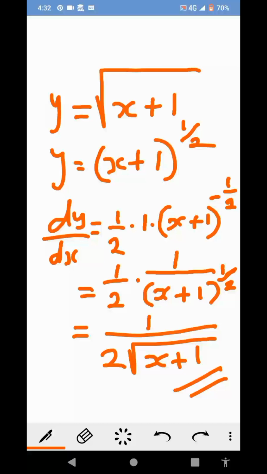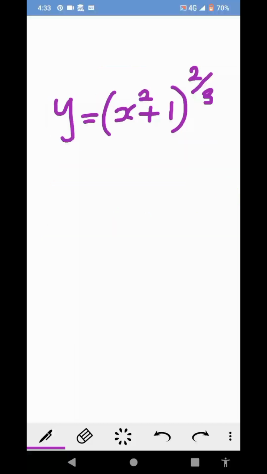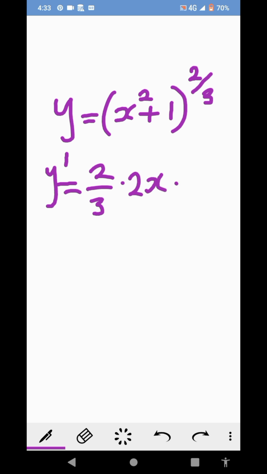So that's the value. Let's look at the last example for the chain rule. Remember the procedure: bring down the power, differentiate what you have in the bracket, reduce the power of the bracket by 1. Like this one: dy/dx, which can be written as y prime, will be: bring down the power 2 over 3, differentiate what you have in the bracket, that will give you 2x, then reduce the power of the bracket by 1, and that gives us (x squared plus 1) all raised to the power minus 1 over 3.